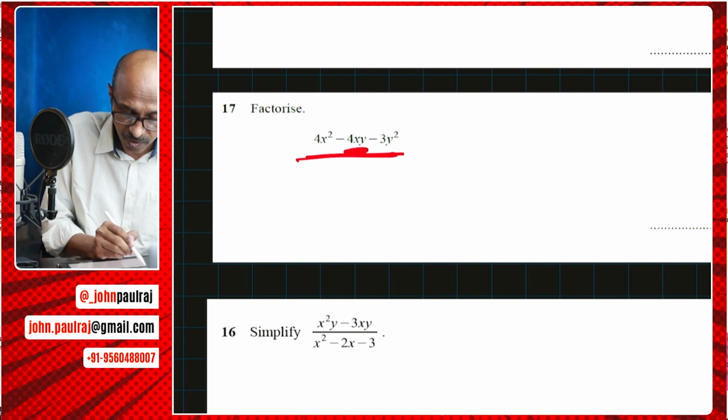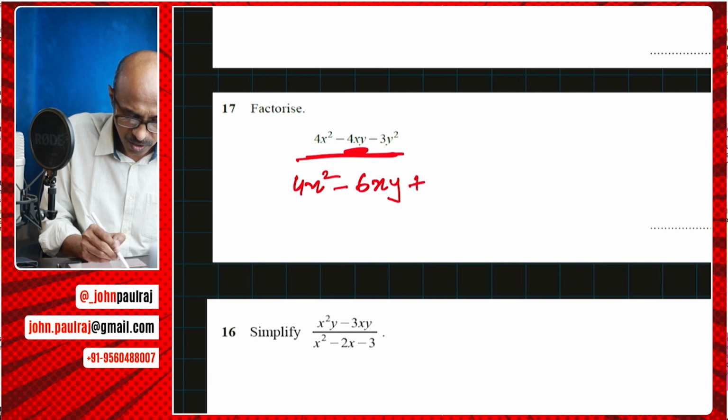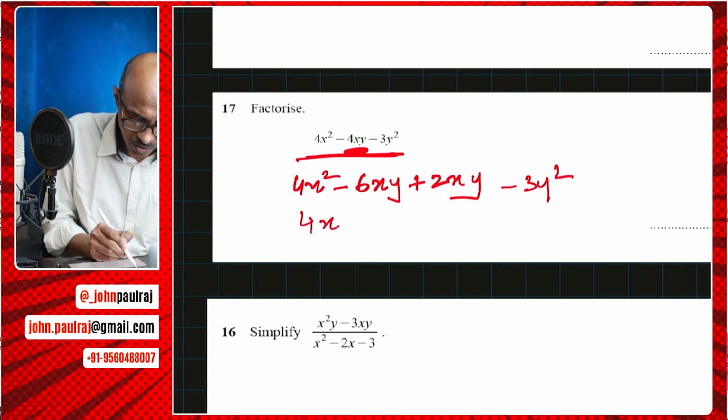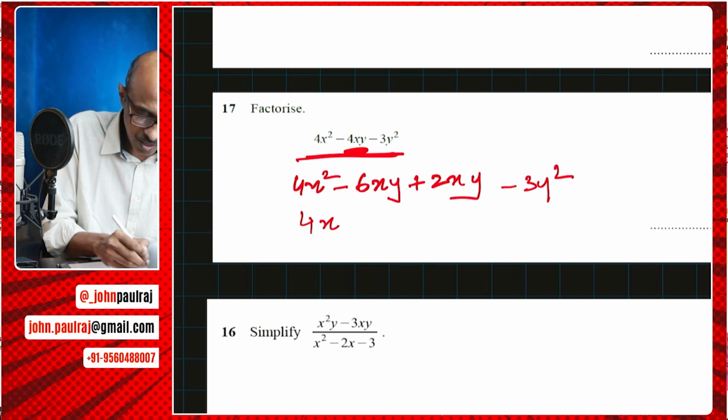Meaning you can split the middle term, all right? In this case, that's 12. And so this should be 4x squared minus 6xy plus 2xy. I'll probably need to rearrange the terms. Minus 3y squared. And then you can rearrange to get your, well, you don't need to rearrange.